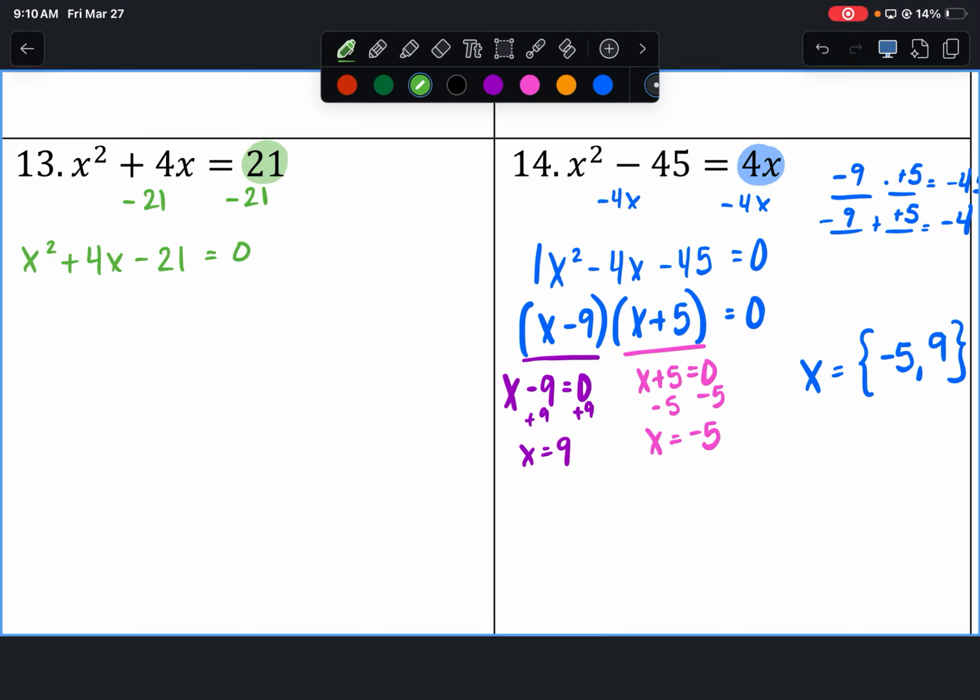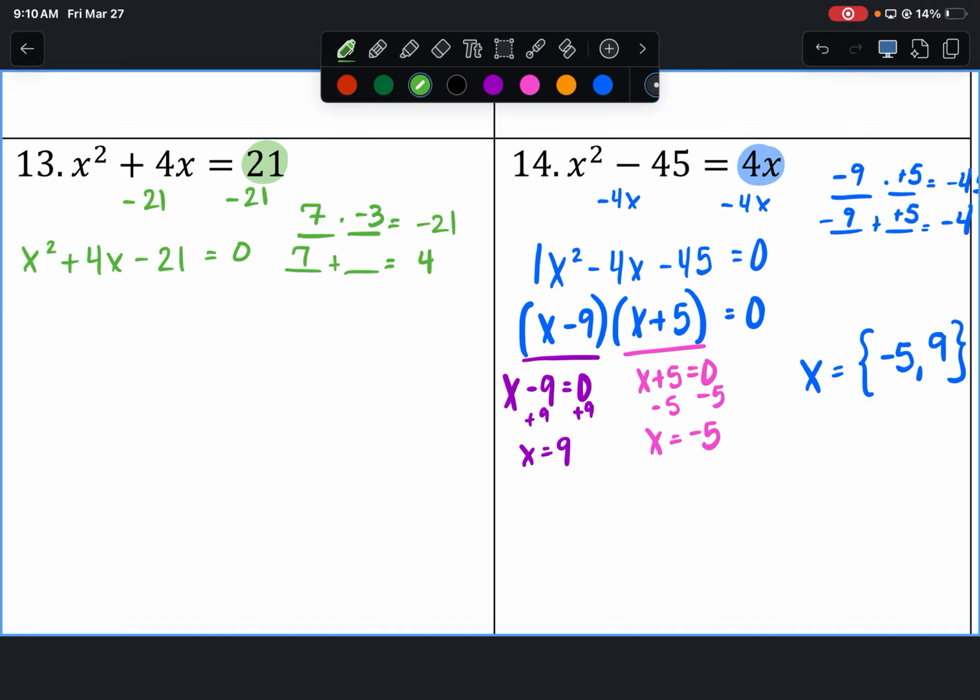In order to move x squared to the left side, what do I need to do? It's already positive x squared, so we have to subtract x squared on both sides. What else do we need to move? The 8x. You can do this in one step or you can do it in two. That's a personal preference. However makes the most sense to you, do that. If you need to move it in two separate steps, move it in two separate steps.